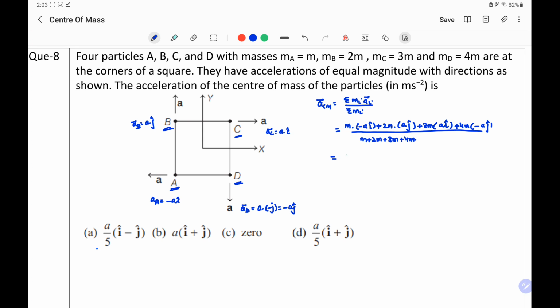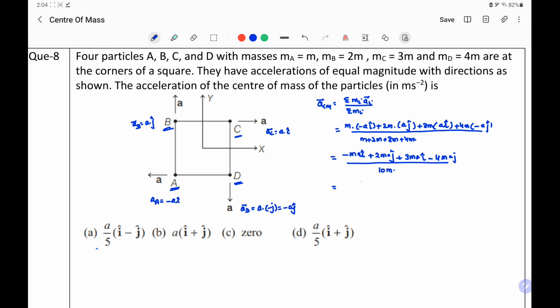So it will be equal to minus m a i plus 2m a j then plus 3m a i and then minus 4m a j, divided by the total sum of the masses, which will be 10m.